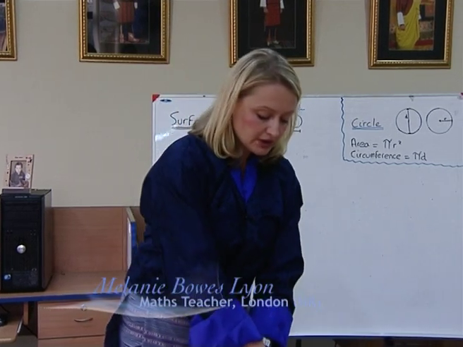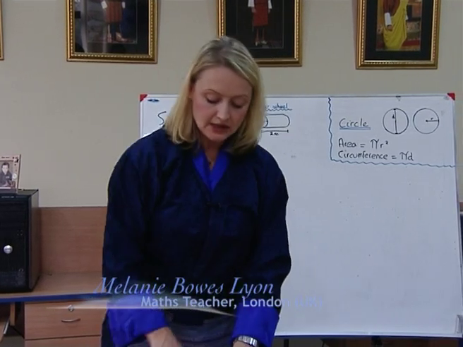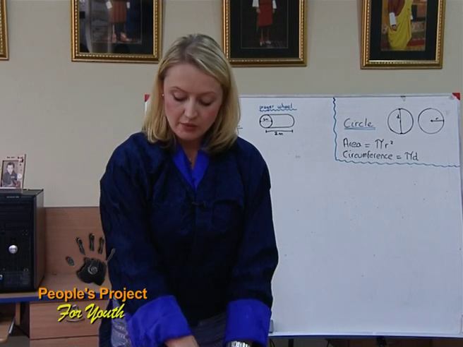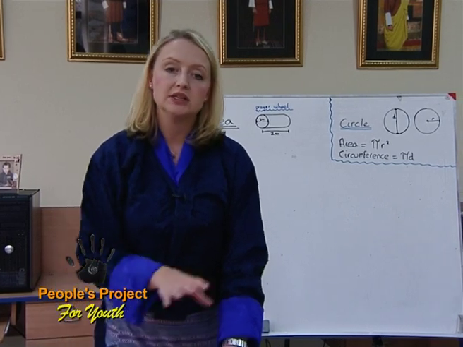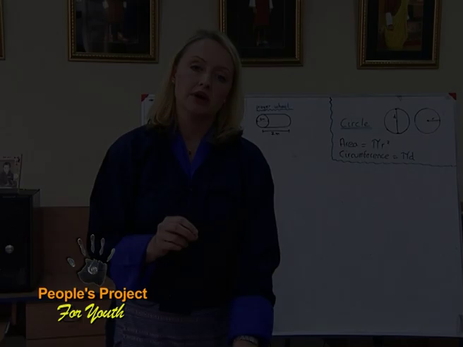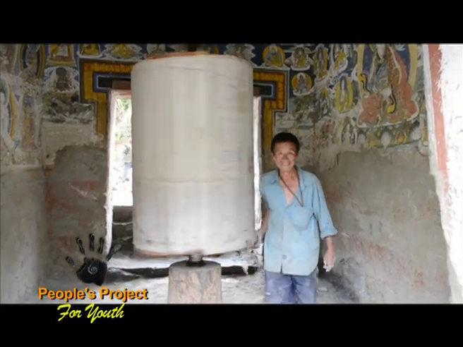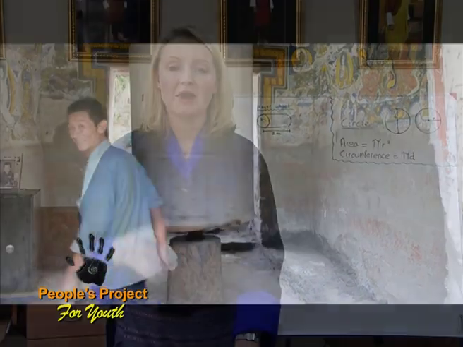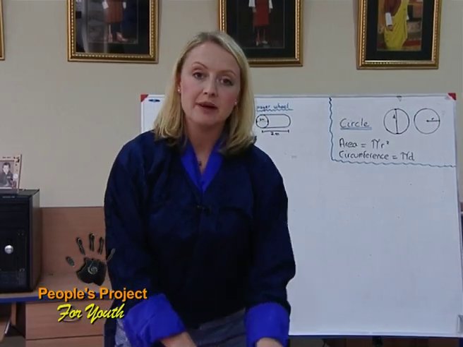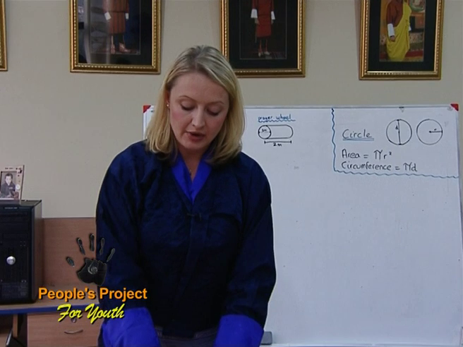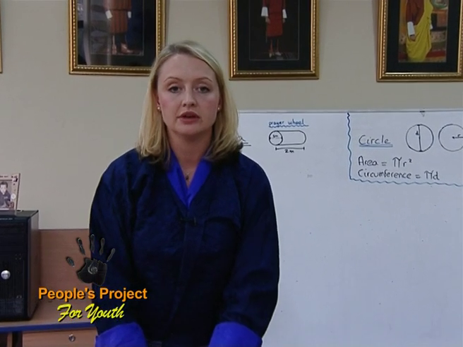Now, we're going to look at a real example of this, and we are going to relate what we have just learnt to finding the surface area of the prayer wheels. The prayer wheel that we're going to use for an example is the prayer wheels down at Memorial Chawton.